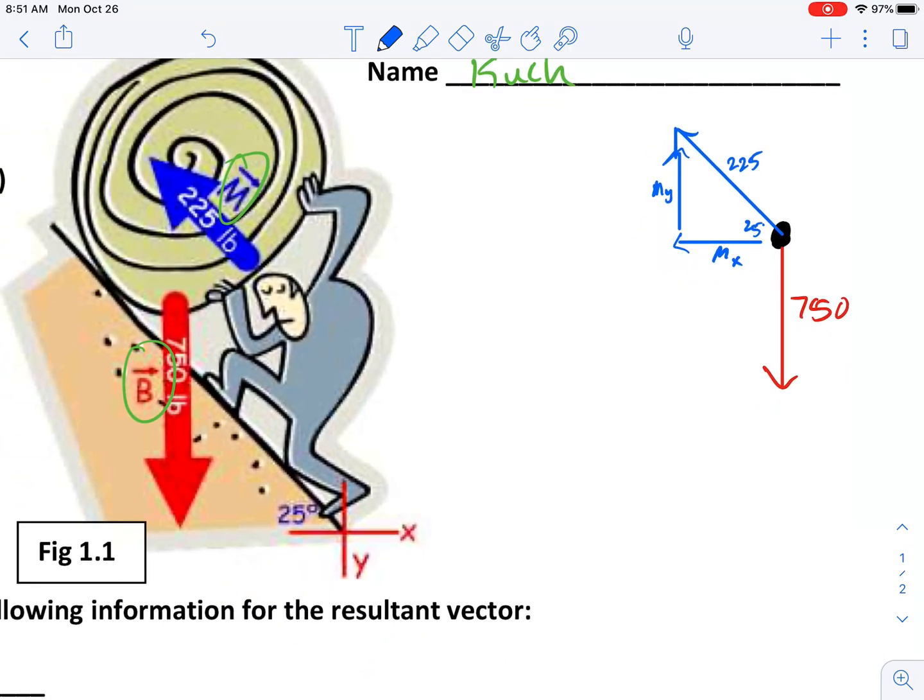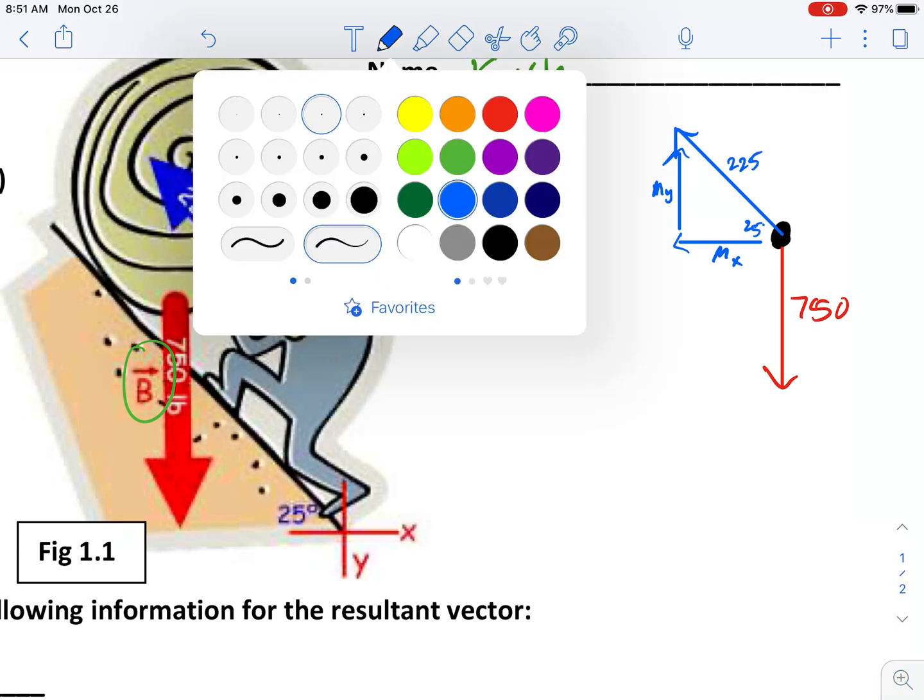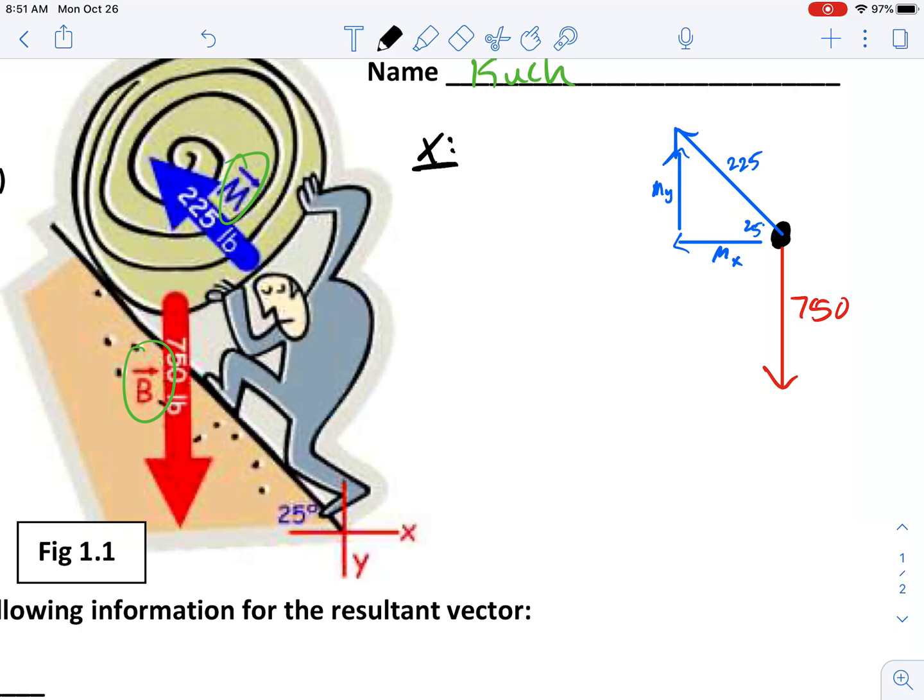So we're going to resolve all of our x components first. So let's look at all of our x components. And so our x vector components, we have mx, which is going to equal 225 times the cosine of 25 degrees, and it's going left, so it's also going to be negative. And the x component of the boulder is 0, because there is no x component.